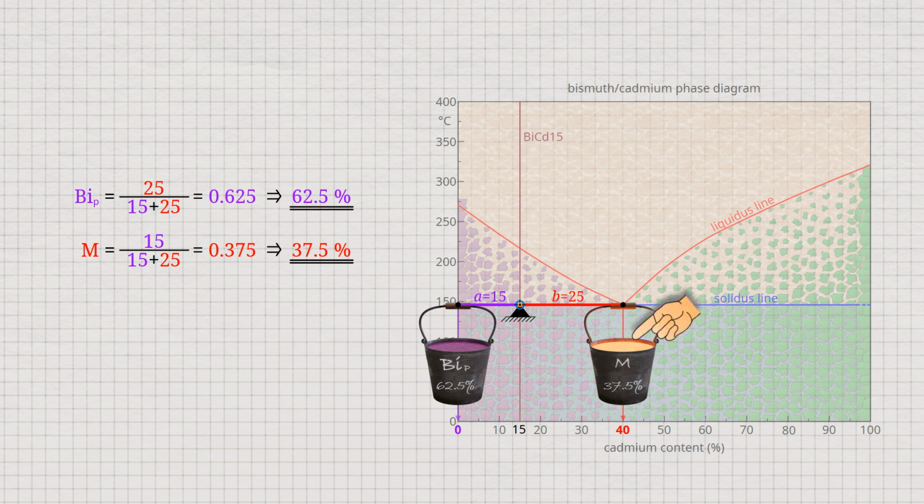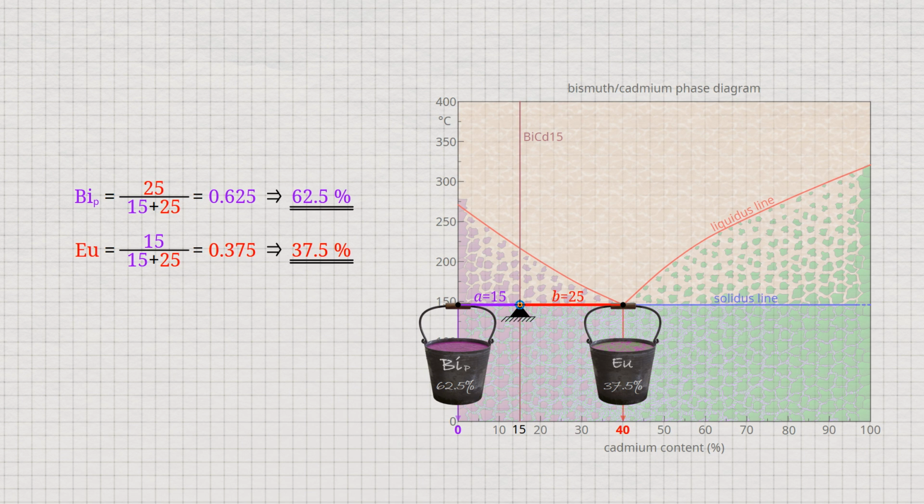The melt now solidifies at a constant temperature to form the eutectic. The phase fraction of the melt thus becomes the microstructure fraction of the eutectic. When fully solidified, the eutectic represents 37.5% of the total microstructure, while the primary crystals represent 62.5%.